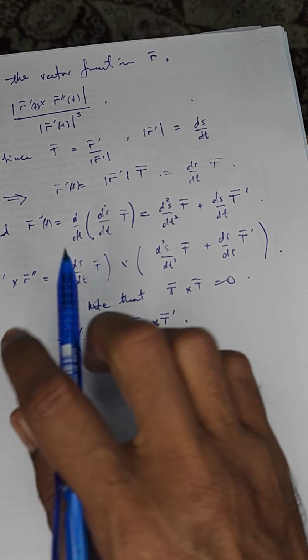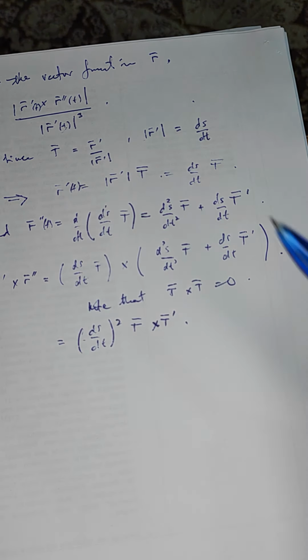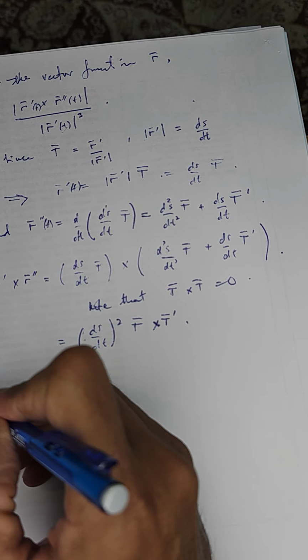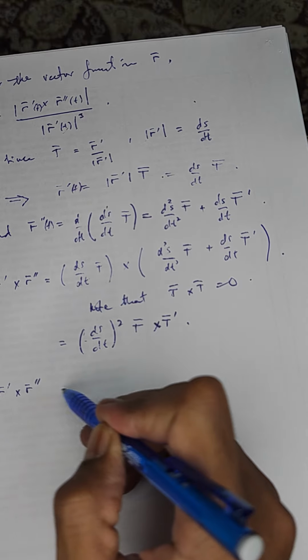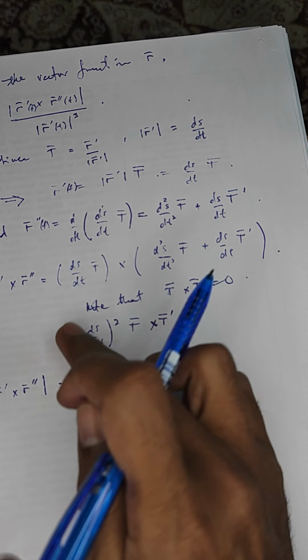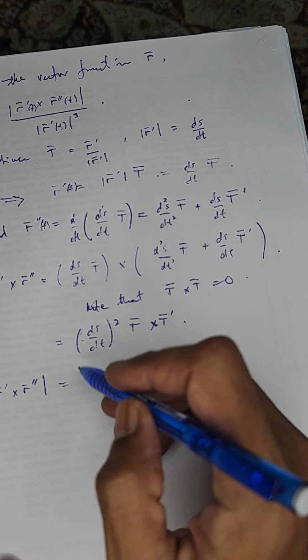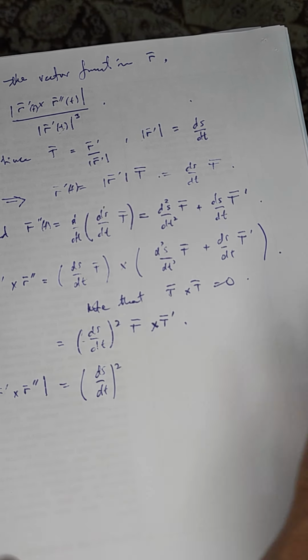And if we take the magnitude of r prime cross r double prime, therefore we have magnitude of r prime cross r double prime. This part here is always positive because we have squared there. So we have (ds/dt) squared.